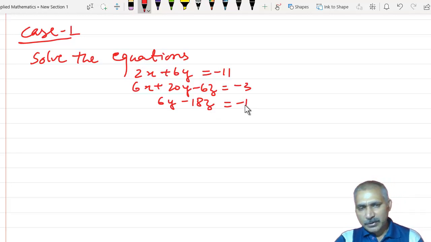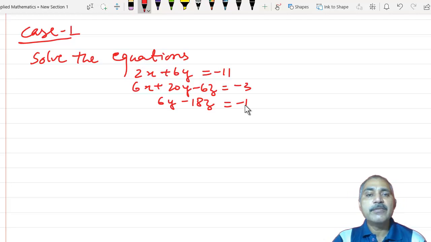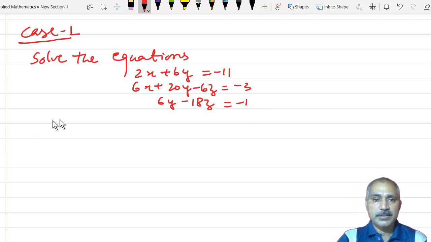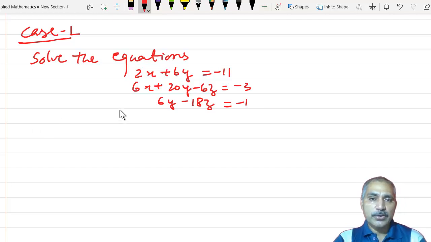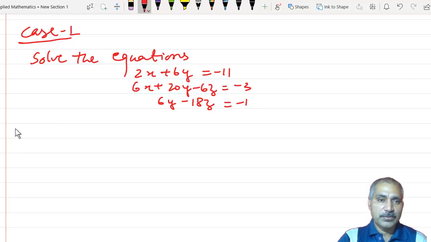Now here if we look at this one, in the first equation z variable is not given. In the third equation x variable is not given. That means those corresponding coefficients are 0. So we will write this in augmented matrix format.